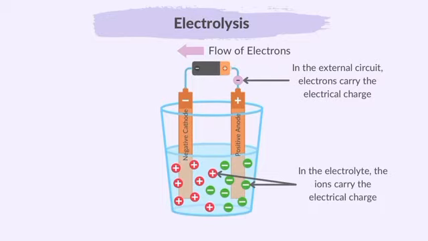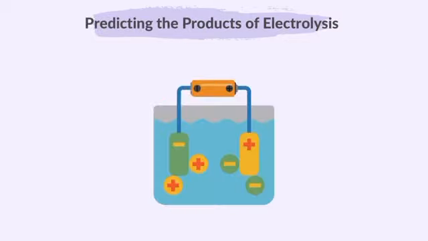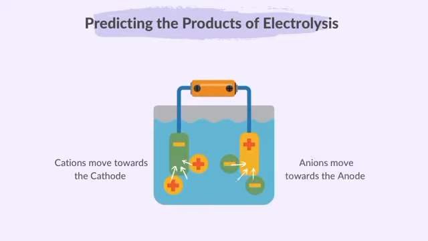We should be able to predict the identity of the product at each electrode during electrolysis. As we just learned, please remember that the positive ion or cation will always move toward the cathode, and the negative ions or anions will always move to the anode.